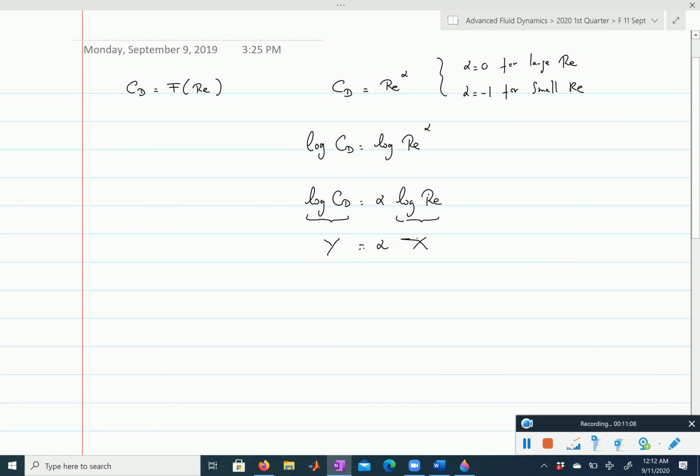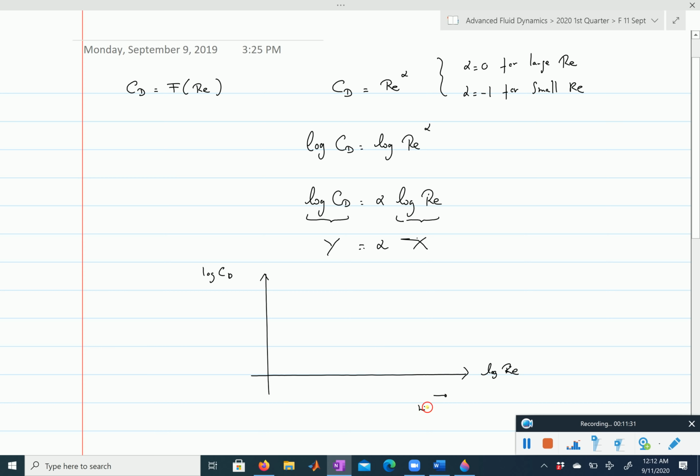So what we have from my scaling analysis is that we expect, if we're plotting in log-log, so in the x-axis I have the log of the Reynolds number, and in the y-axis I have the log of the drag coefficient.